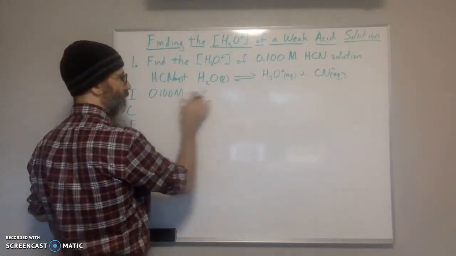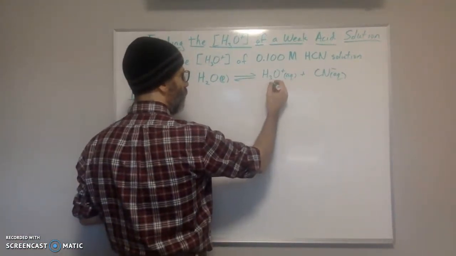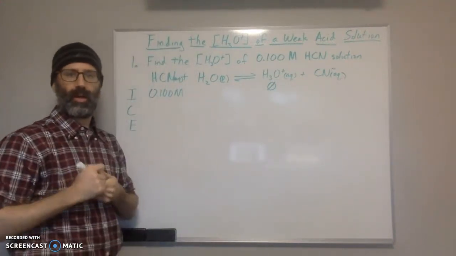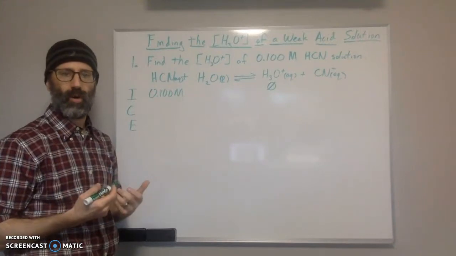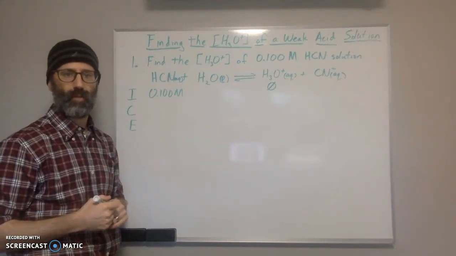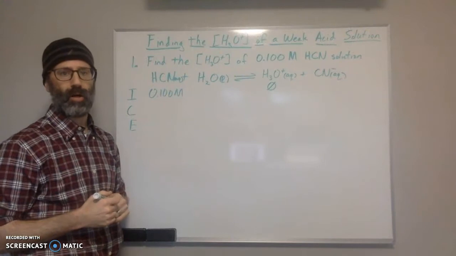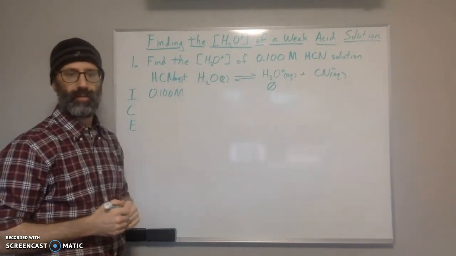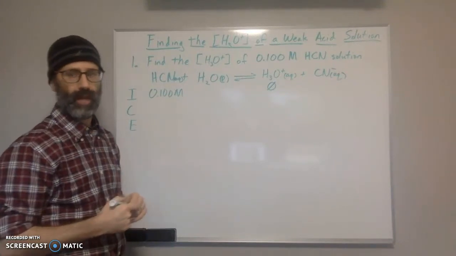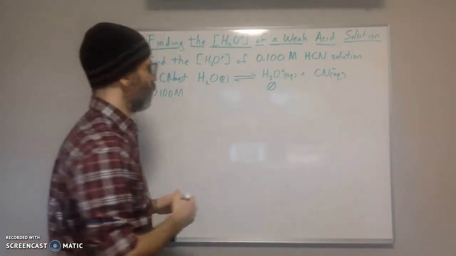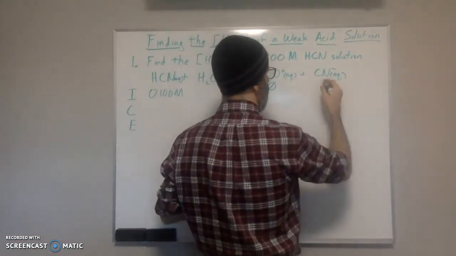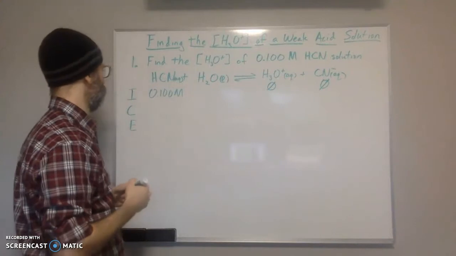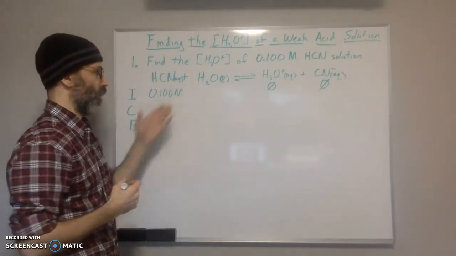What's going to happen is we're going to have 0 molarity of the products initially. There's a little bit of hydronium ion in the water because of the autoionization of water, but it's very, very small compared to the molarity of the acid and the Ka value of the acid. Okay, so this is approximately 0, and that's going to be 0 as well. Okay, so here's our initial conditions.